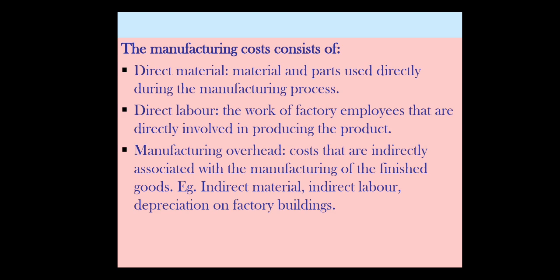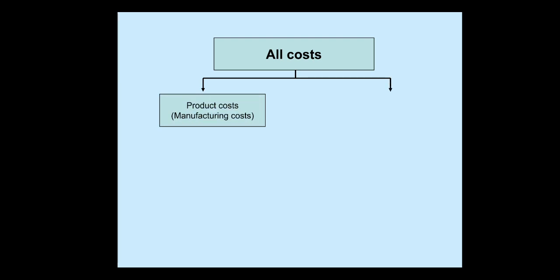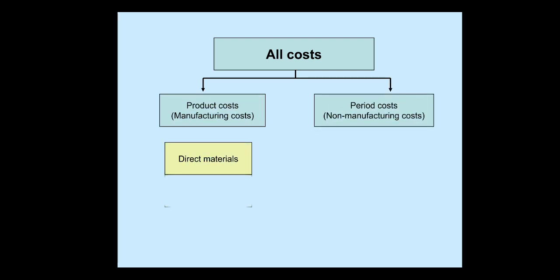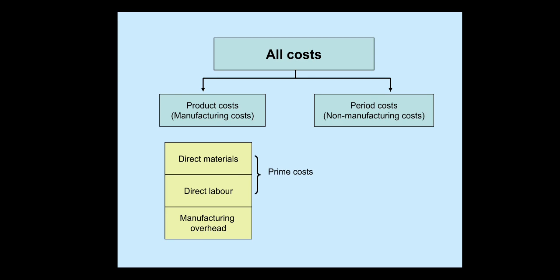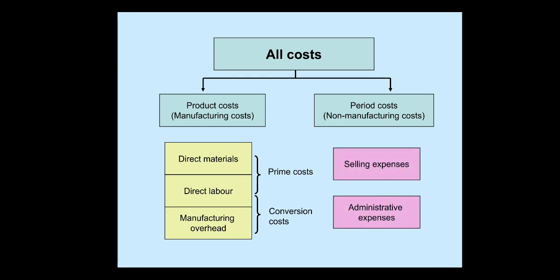So if I give you a list of costs, you have to know how to identify which one is manufacturing cost, which one is non-manufacturing cost, which one is overhead cost, which one is direct material cost, which one is direct labor cost, etc. Okay, this is like the summary that I have explained.